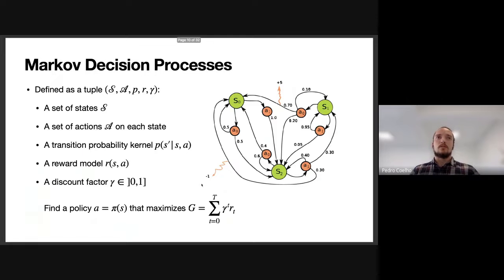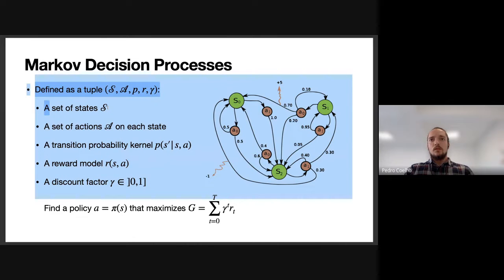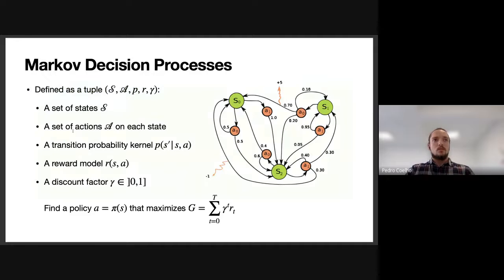So let's properly define the problem of reinforcement learning. More concretely, reinforcement learning is mostly thought of in terms of Markov decision processes, or they are modeled as a Markov decision process. And this is defined as a tuple. That's basically just a set which contains a set of states which the agent can be in, a set of actions that the agent can take at each state.